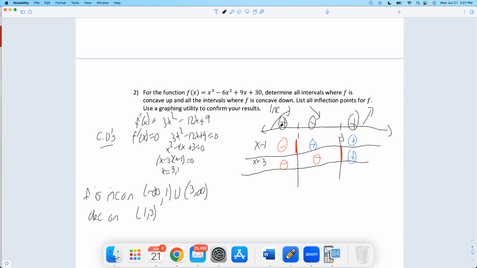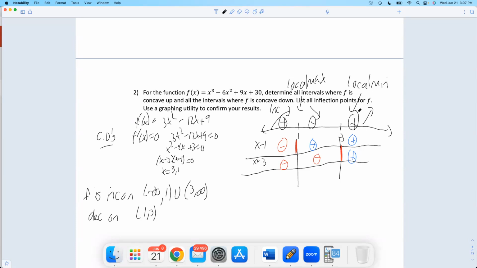I also notice here, if I'm going up to down, I've got to have myself a local max right here, because the graph goes up and then back down. And I've got to have a local min. I mean, we're kind of sketching out the graph there. The graph's going to do something like this. A local min right there.